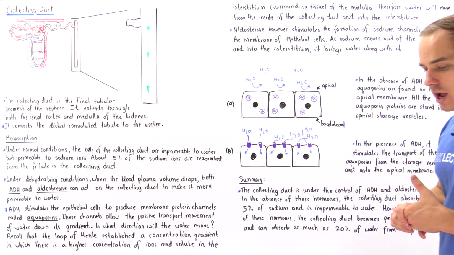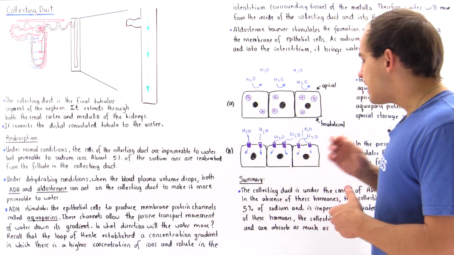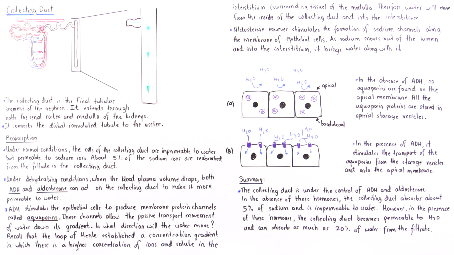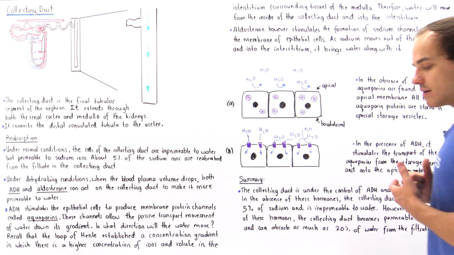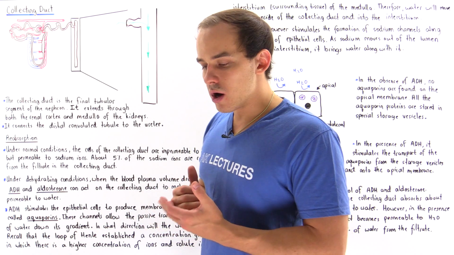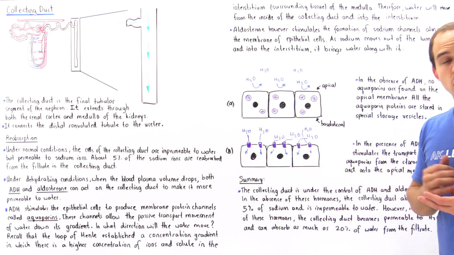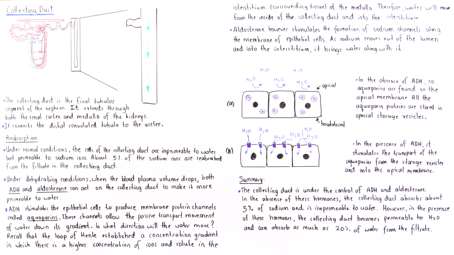So let's summarize our discussion. We see that the collecting duct is actually under the control of these hormones, ADH as well as aldosterone. In the absence of these hormones, the collecting duct is impermeable to water, and only about 5% of the total sodium in the filtrate is actually absorbed by the collecting duct.